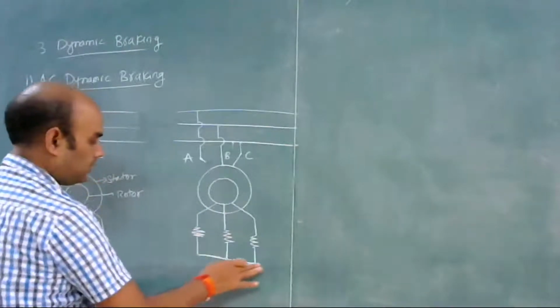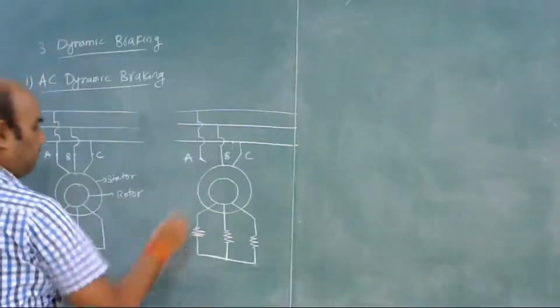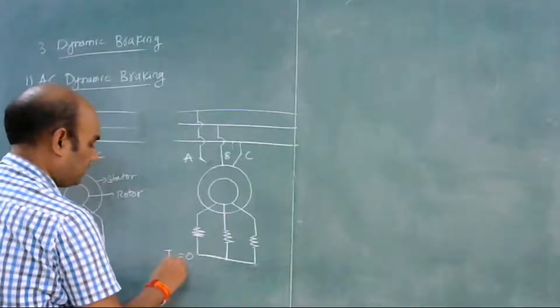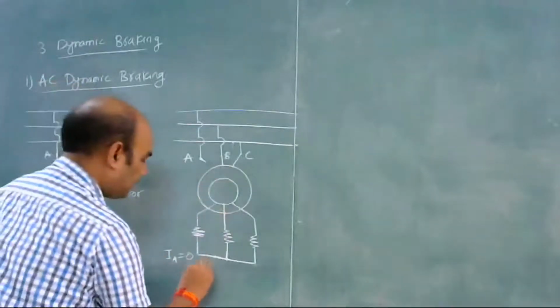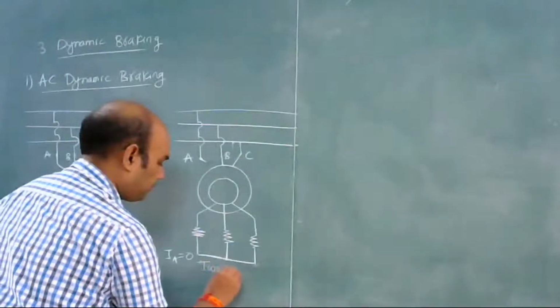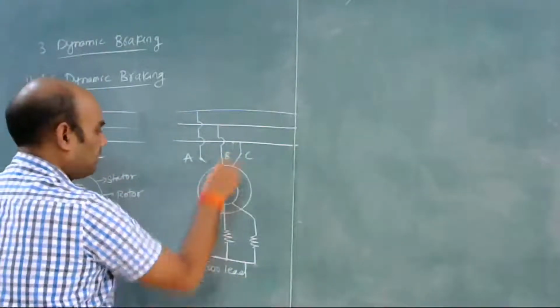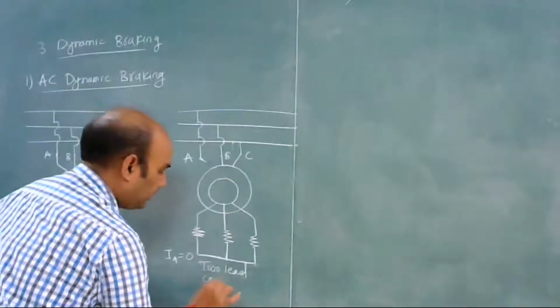In this case IA will be equal to 0 as it is open circuited, and this type of connection is known as two lead connection. We have only two terminals connected to the induction motor, so this is referred to as two lead connection.